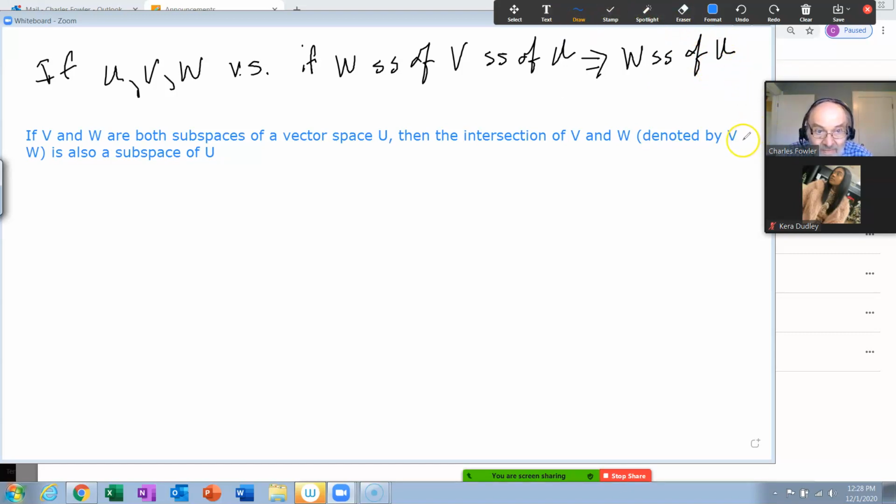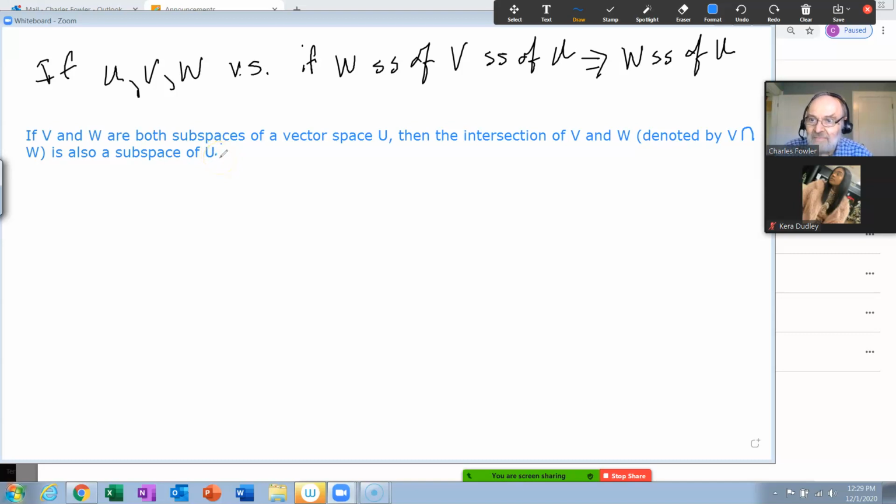Now, this is the symbol for intersection. V intersect W. That's all I was trying to do, and then all these other things happen. Okay? That's also a subspace of U. I can't go back to my text, so I thought I had the period in there, but it didn't show up, so I'll write it in.